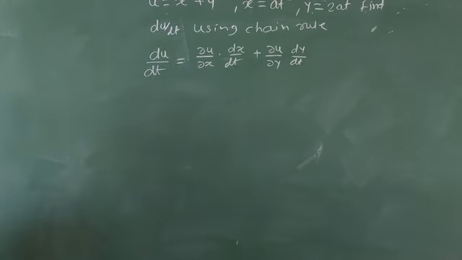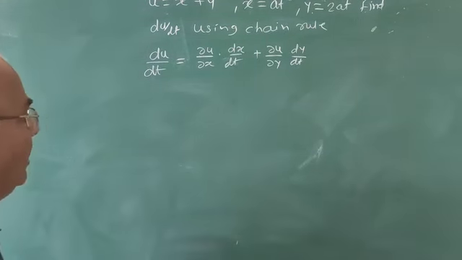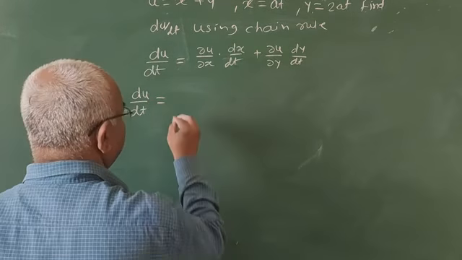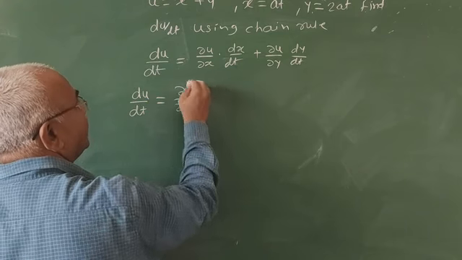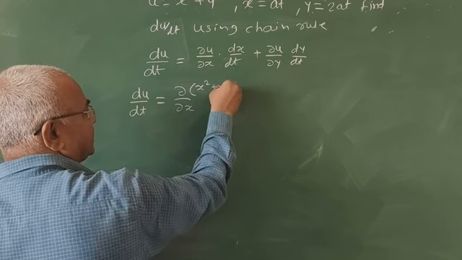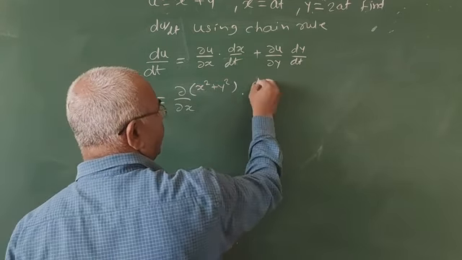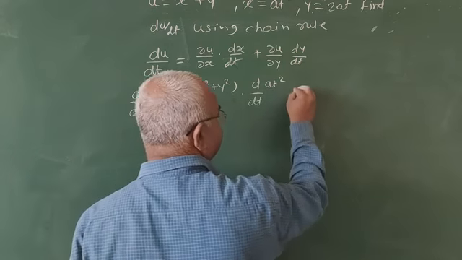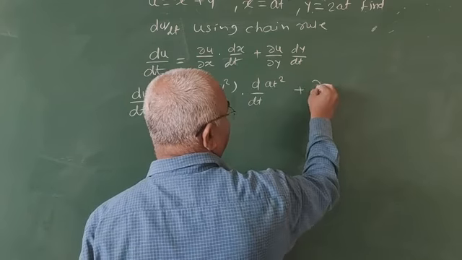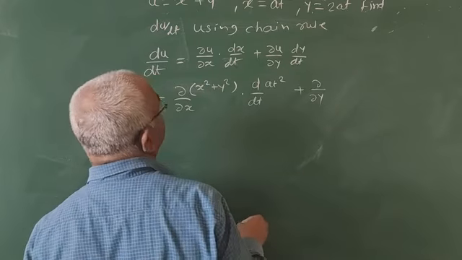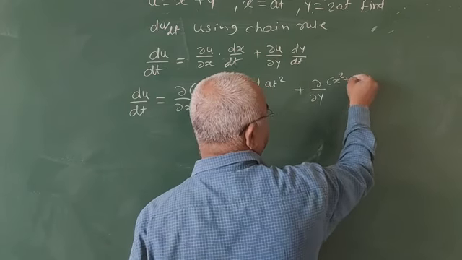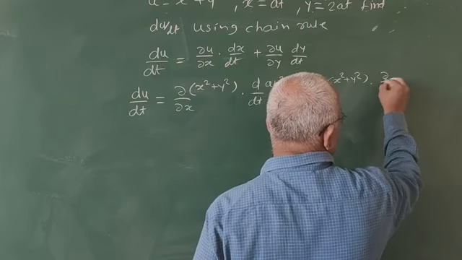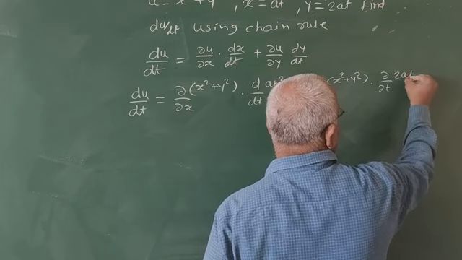Putting the values of u, x and y in this expression, we have du by dt is equal to del by del x of u, x square plus y square, into d by dt of x is equal to a t square, plus del by del y of u, that is x square plus y square, multiplied by d by dt of y, that is d by dt of 2 a t.